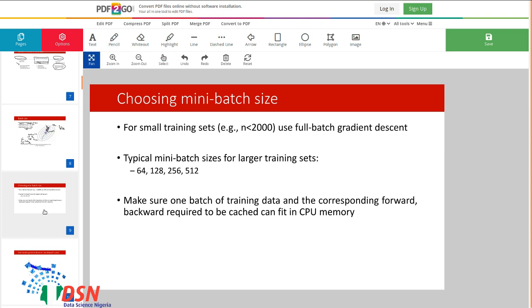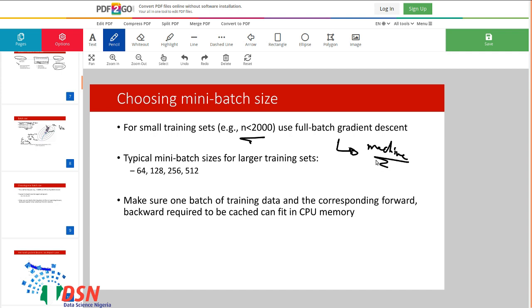Okay, so for small training sets, when you have a small training data set, maybe less than 2000 or 3000, you could use full batch gradient descent, depending on the machine that you do the training on.